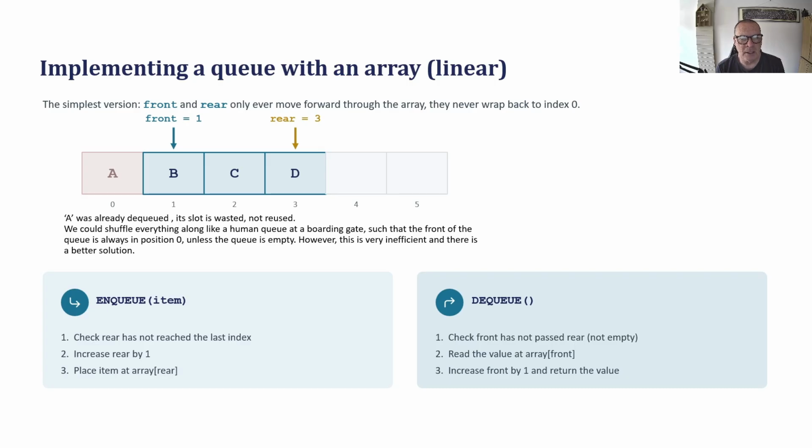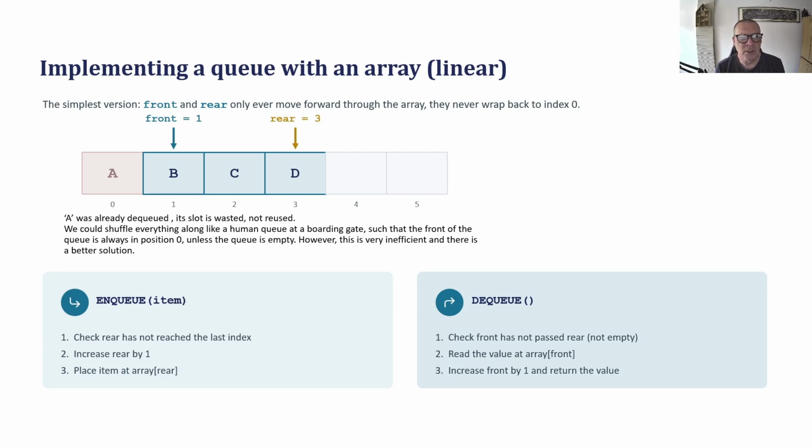And if something gets added, it will go into position 4, and if something's removed, it would be removed from position 1, and then the front would become 2. Now, the slot there, for example, at 0, has been dequeued in the past already, and that slot's wasted. It doesn't get reused in this particular implementation.